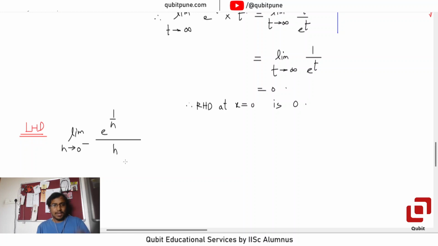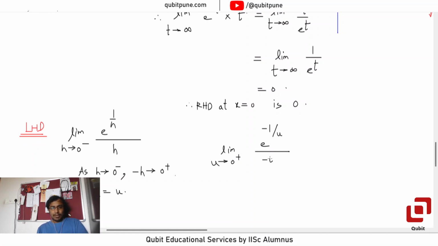Again I can make a change. As h tends to 0 minus, minus h will tend to 0 plus. So let minus h be u. Limit as u tends to 0 from right, this will be e raised to negative 1 upon u, upon negative u.